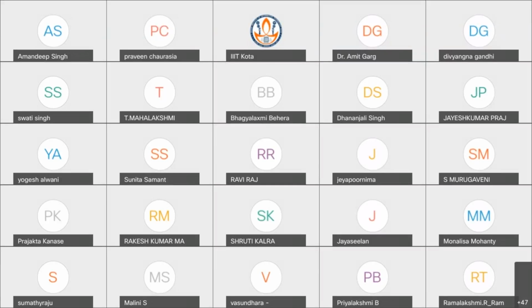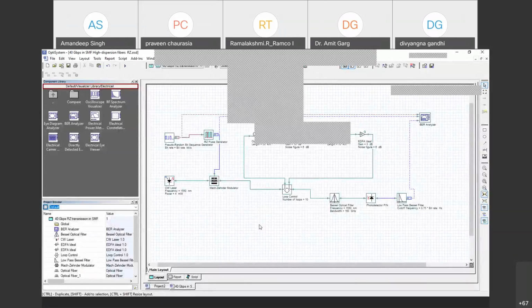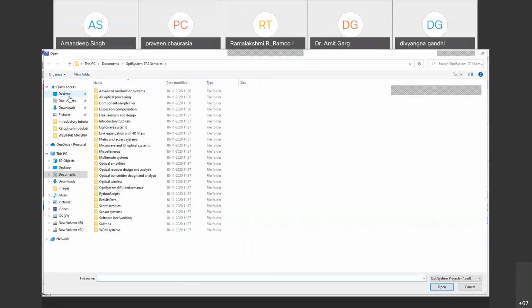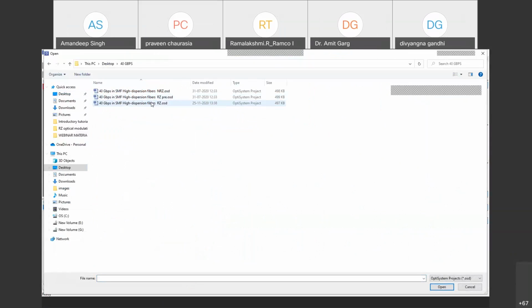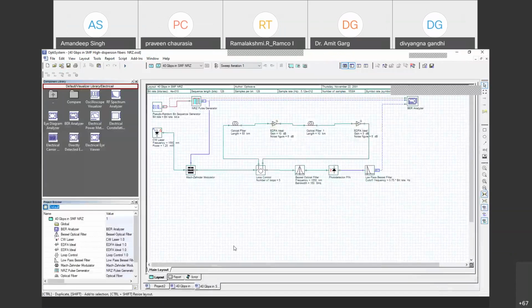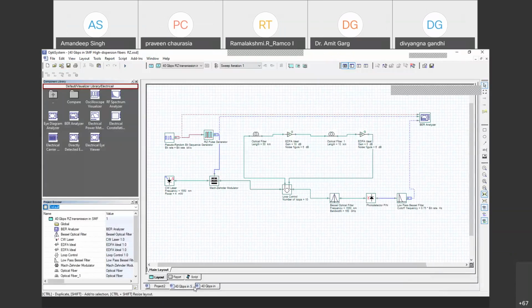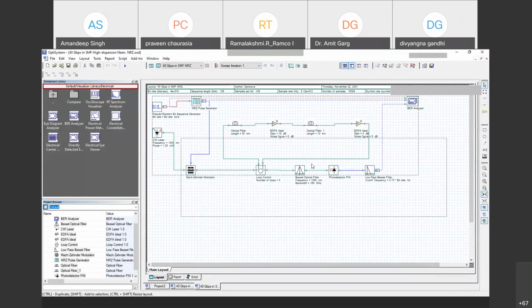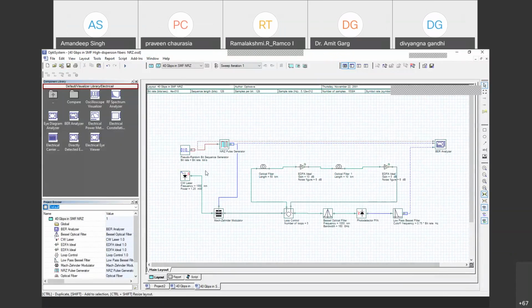So in that case, this is for RZ, and similarly, if I go for NRZ, so this is for NRZ. Here the power is 1.25 milliwatt.